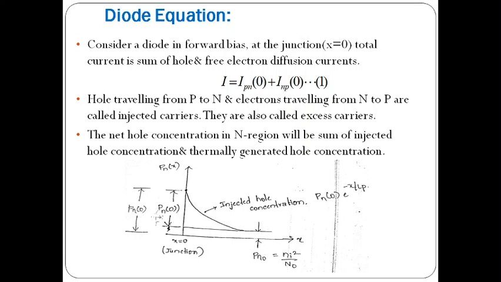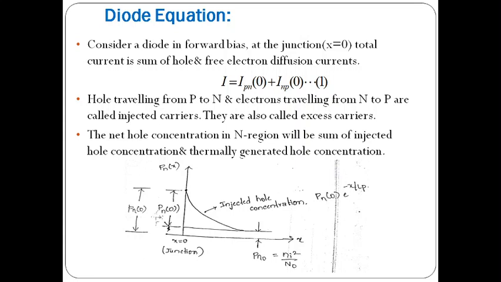Once holes enter the N region, they travel some distance, and after that they recombine with the electrons in the N region. So before recombination and after injection, the length it travels in the N region is called the diffusion length Lp. This injected hole density decreases exponentially with recombination.